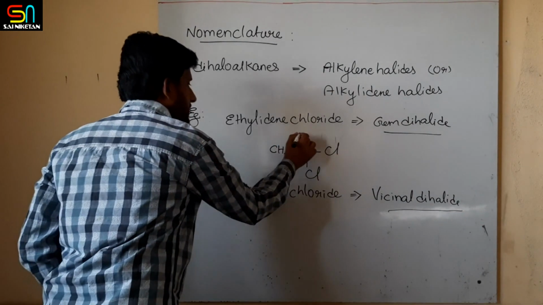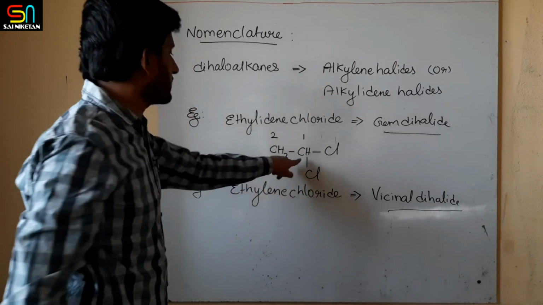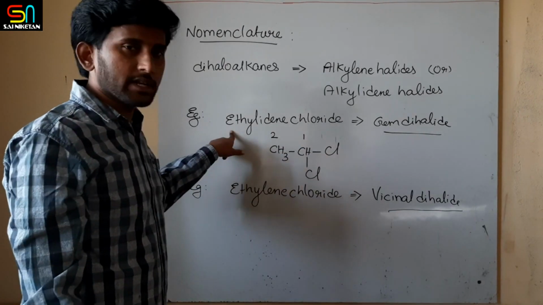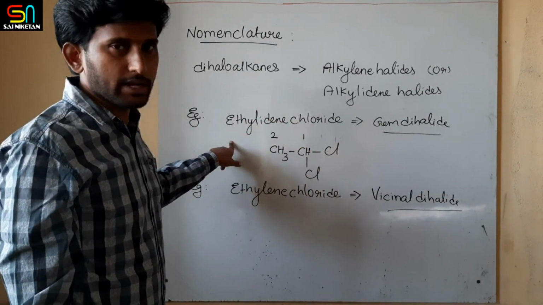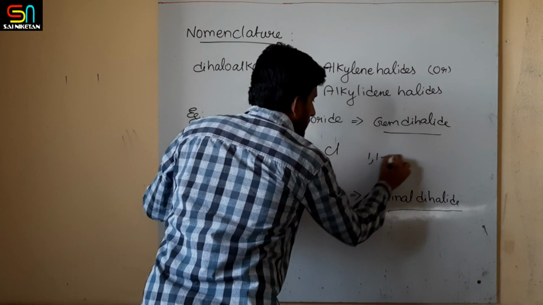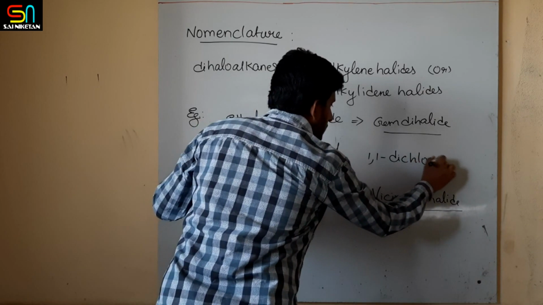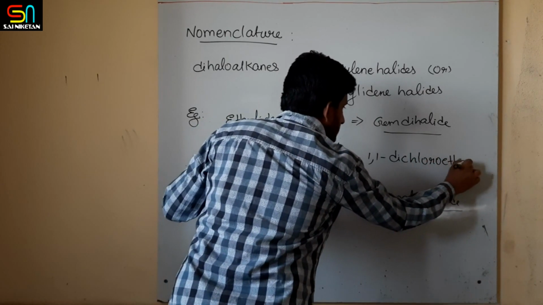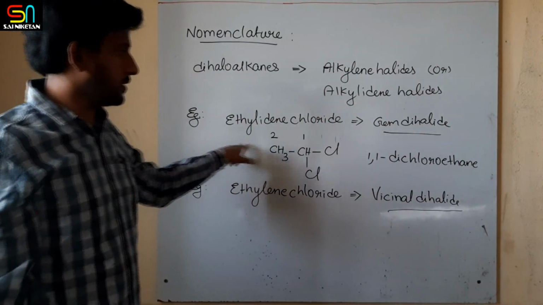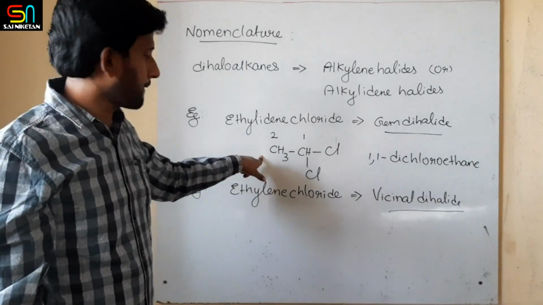So according to IUPAC, you should start numbering on this carbon. This is number 1 carbon, this is number 2 carbon. So what will be the IUPAC nomenclature of ethylidene chloride? It is 1,1-dichloroethane. 1,1-dichloroethane is the IUPAC name of ethylidene chloride.